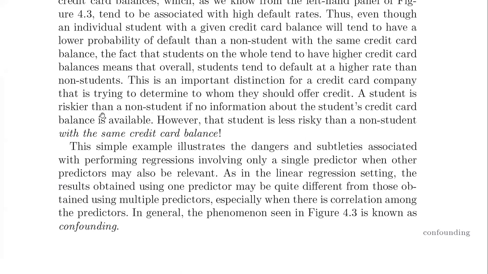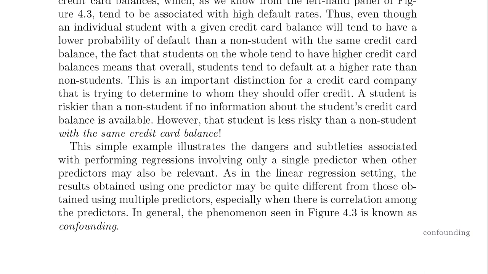A student is riskier than a non-student if no information about the student's credit card balance is available. However, that student is less risky than a non-student with the same credit card balance. This is such a beautiful example. This simple example illustrates the dangers and subtleties associated with performing regressions involving only a single predictor when other predictors may also be relevant.